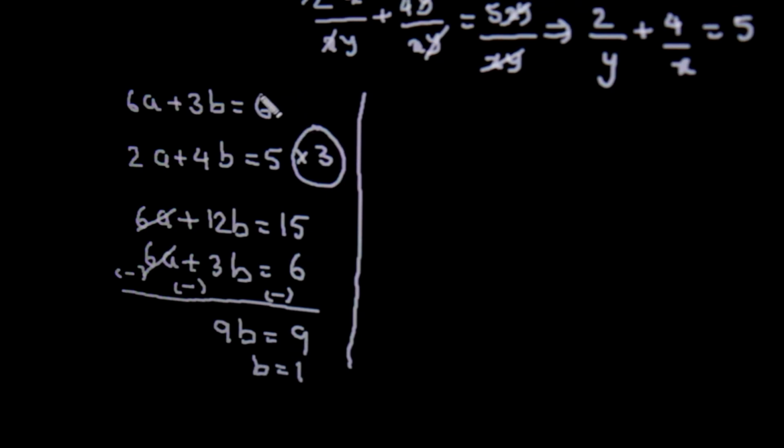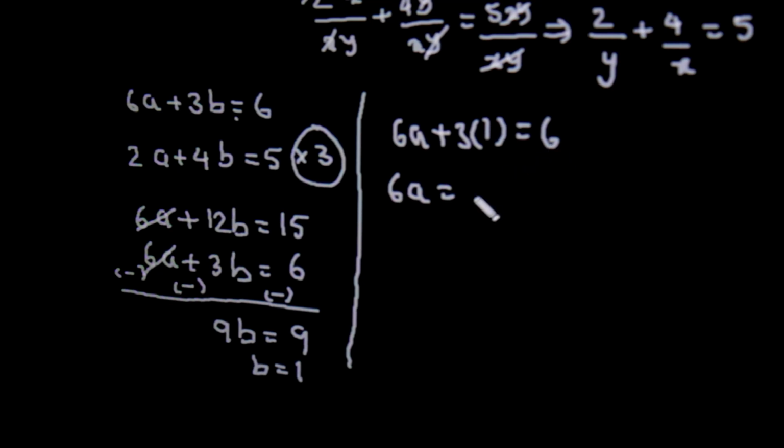Substitute this value of b in this equation. 6a plus 3b, b is 1, is equal to 6. 6a is equal to 6, 3 ones are 3, plus 3 becomes minus 3. a will be 6 minus 3 is 3.